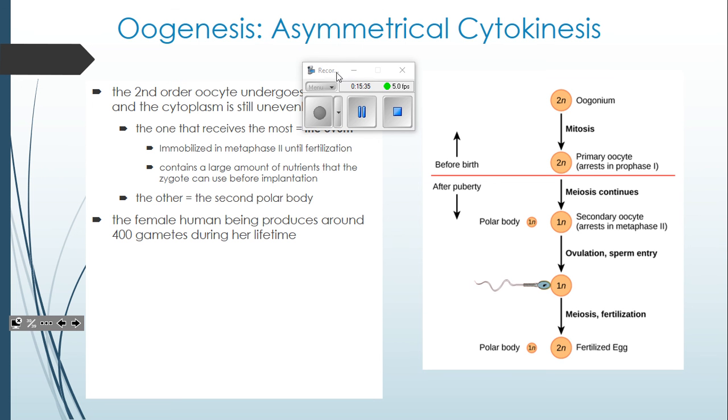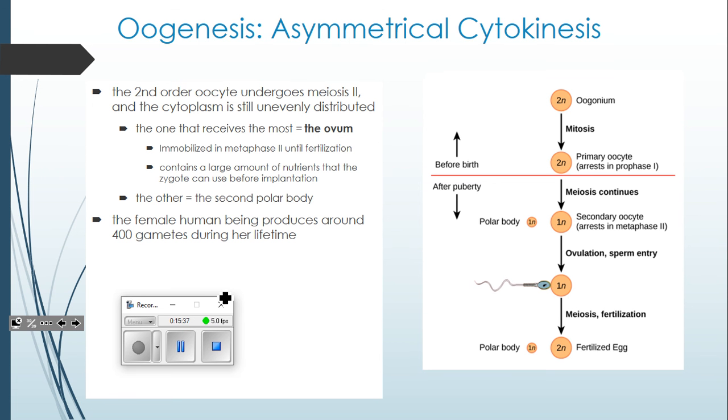Now, the second order or secondary oocyte will undergo meiosis too, and the cytoplasm is still unevenly distributed. So here's my secondary oocyte. This is the same picture that was on the slide before. I'm still getting a polar body and this other structure.